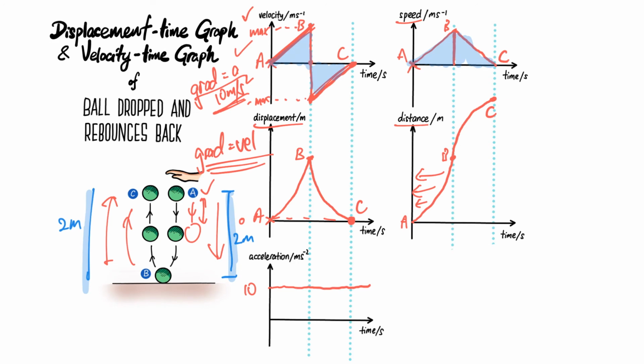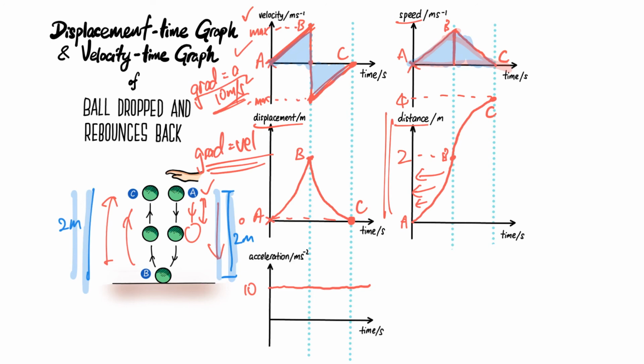If I were to ask you to find the total distance traveled by the ball, it will be from A to B, that's 2 meters, plus another 2 meters, and that will be the total area over here. So this will be a total of 4 meters for this distance time curve, and at this midpoint here, there will be 2 meters.